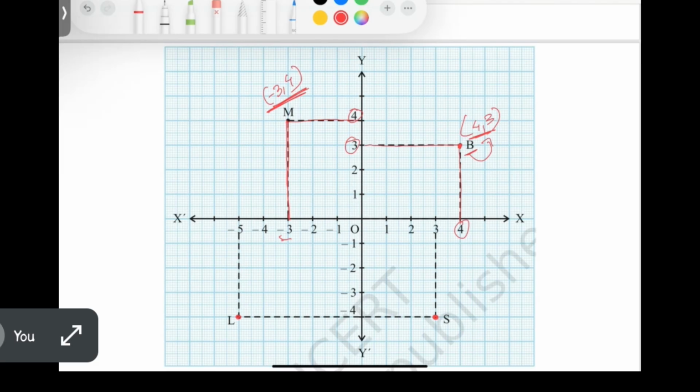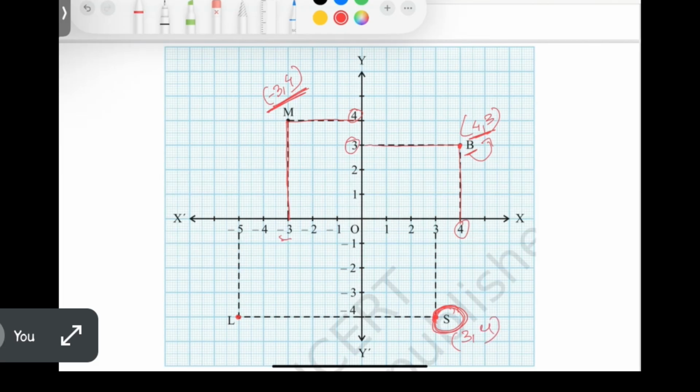So the question can be asked this way: what is the abscissa of point S? Abscissa, okay. What is the abscissa? That means what is the x ordinate of this one? If you look here, this is 3 comma 4.